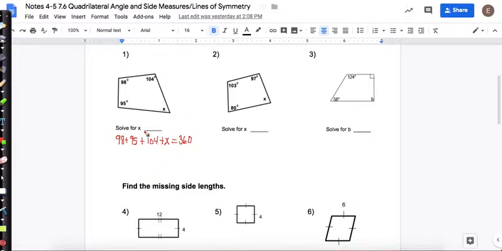So now we can add these three measurements up together because we know these three. And those will add up to 297. So 297 plus our x degrees, our unknown, will equal 360.